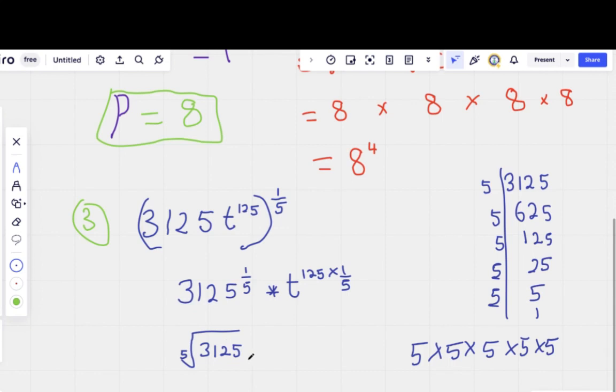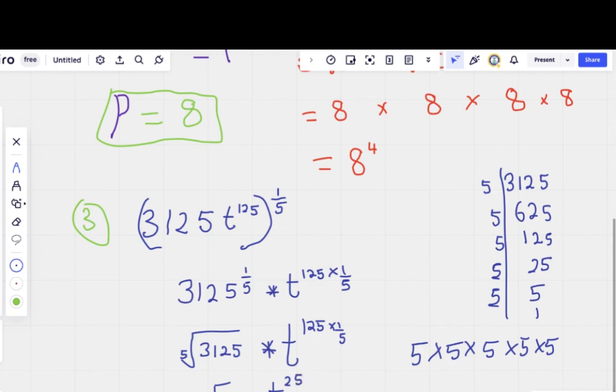So that means we've solved this one. Then multiply t to the power of 125 times 1 all over 5. 5 goes into 125, we get 25, right? So it becomes t raised to power 25. So I have 5 here because the fifth root of 3125 is 5, times t to the power of 25.